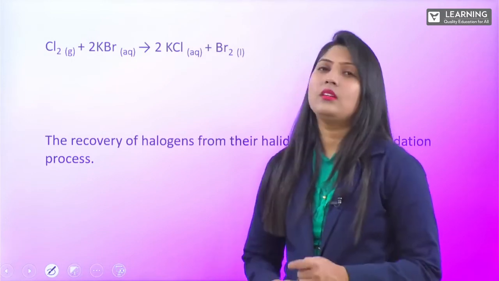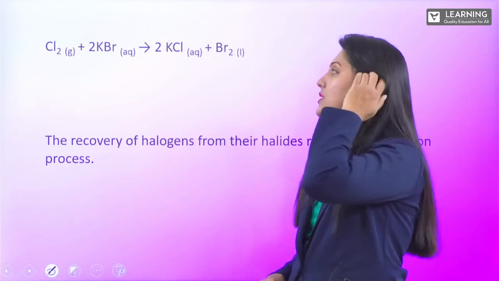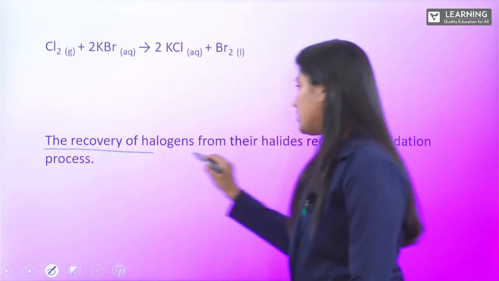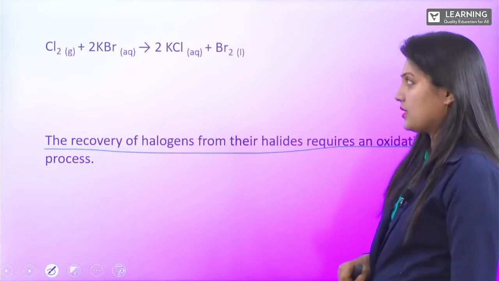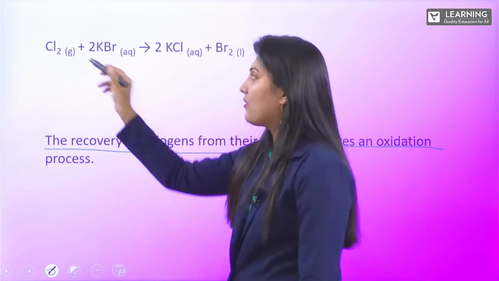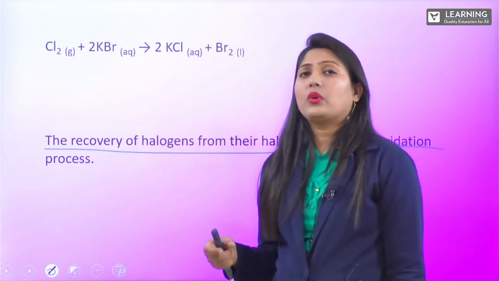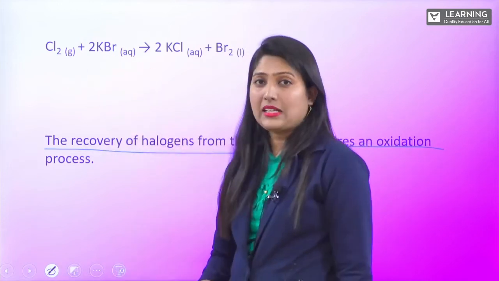Next we'll check which is the most reactive halogen and which is the least reactive halogen. The recovery of halogens from their halides requires an oxidation process. Here chlorine reacts with potassium bromide, where bromine is in its combined form.